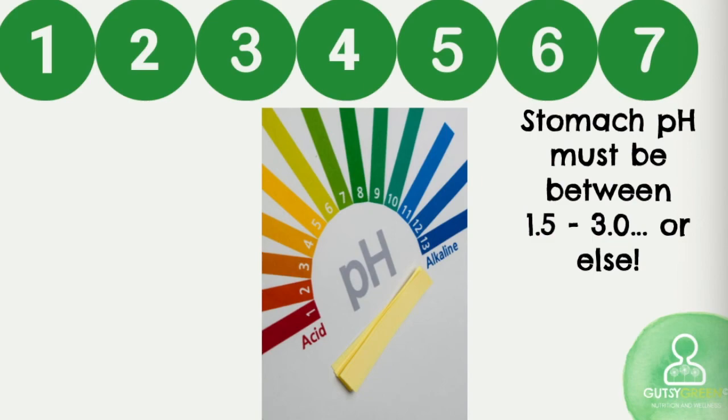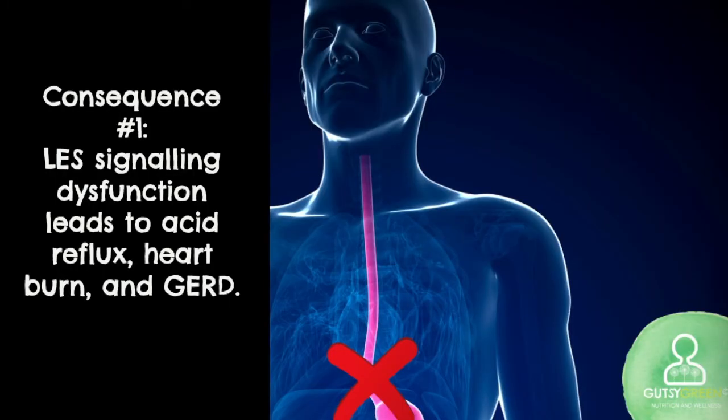So in this video, we're going to look at 7 major consequences for what happens when stomach acid levels are too weak, or when the pH is too high. Got it? Onward. Let's pick up where we left off and return to the esophagus.